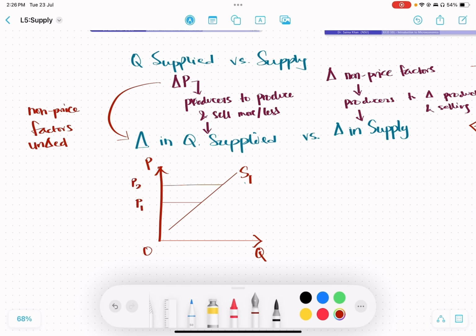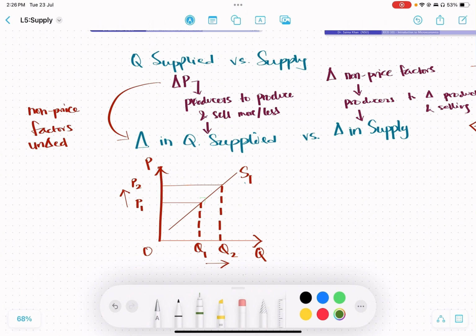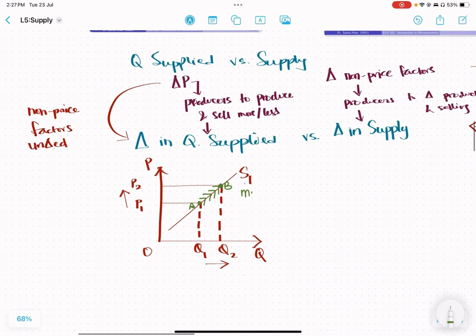Let's say the price actually went up from P1 to P2, then the quantity supplied went up from Q1 to Q2. So what exactly is happening on the supply curve? We are seeing a movement along the supply curve from this point A to this point B. So almost it is like a move uphill. So we call this movement along the supply curve.